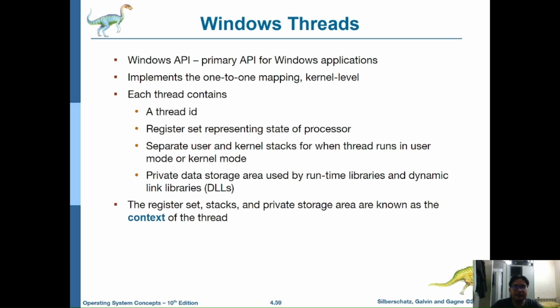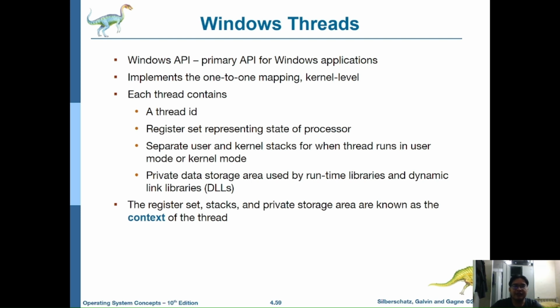The Windows API is the primary API for the family of Microsoft OS, for example, Windows 10, Windows 7, Windows 11. Basically, a Windows application runs as a separate process, and each process may contain one or more threads. Additionally, Windows uses one-to-one mapping, where each user-level thread maps to an associated kernel thread.